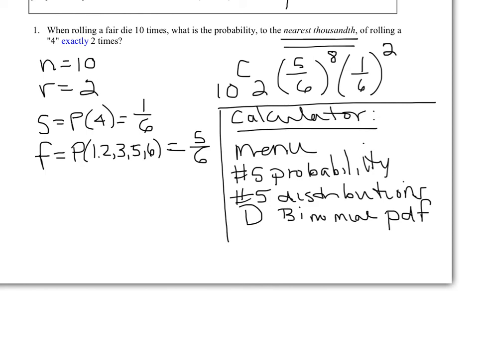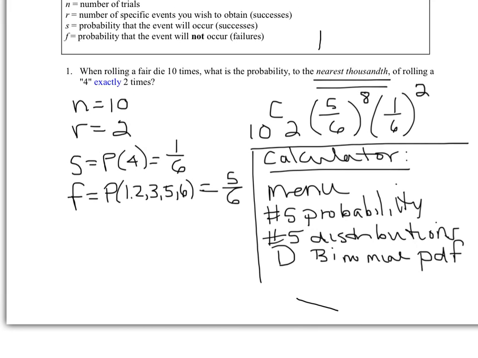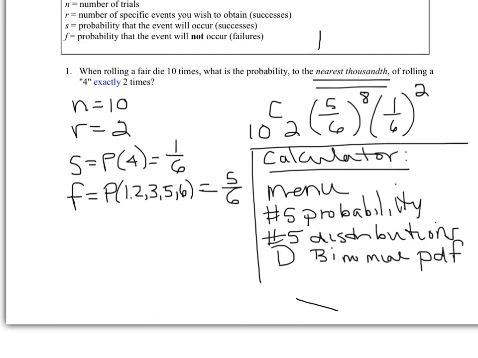And then a menu comes up on the calculator. The information that I need to type in is my number of trials. So that's going to be 10. And then it asks me for the probability of just success, because the calculator will calculate the rest.